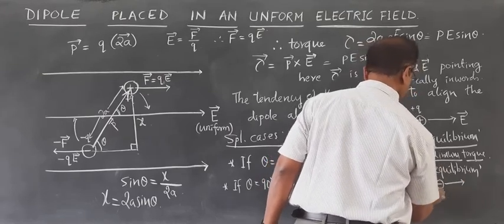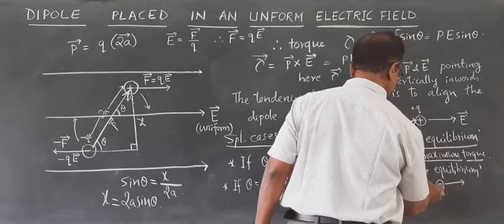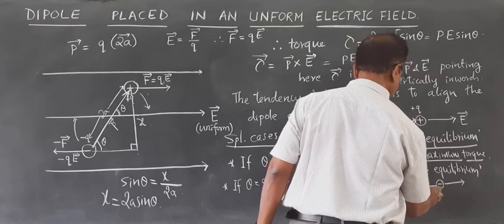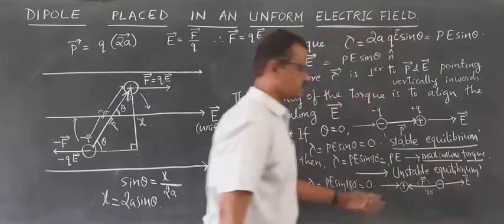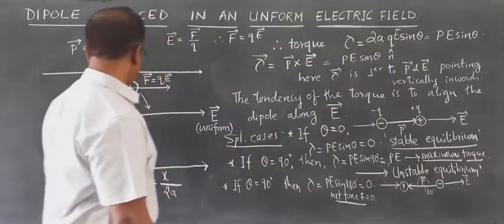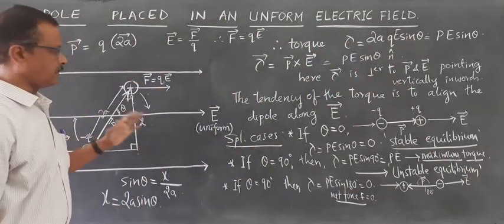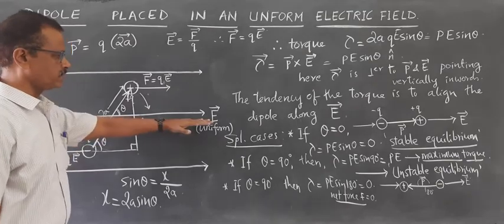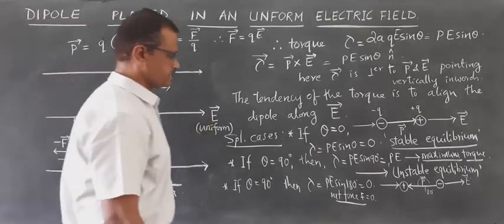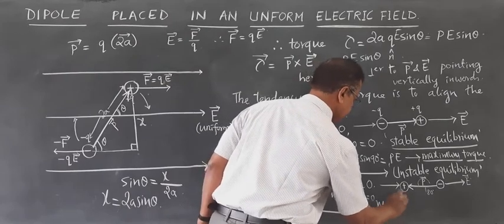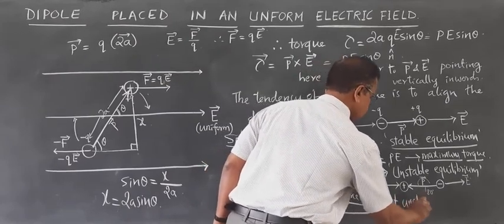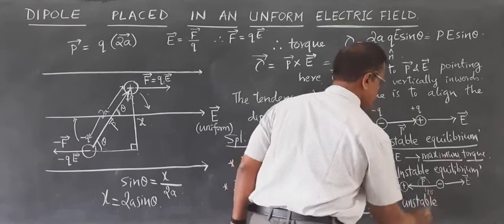Then the angle is 180 degree with respect to electric field. Then suddenly it turns on its own due to the maximum work done by electric field. So it is said to be in most unstable equilibrium.